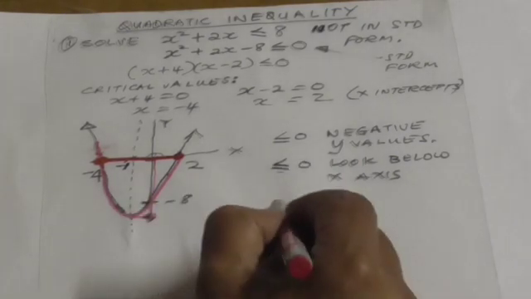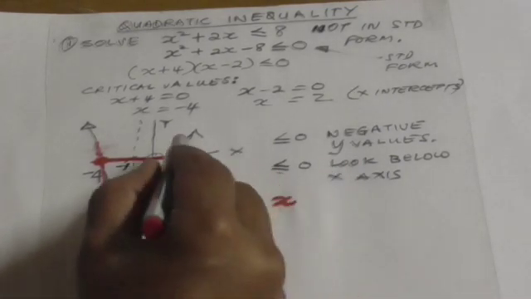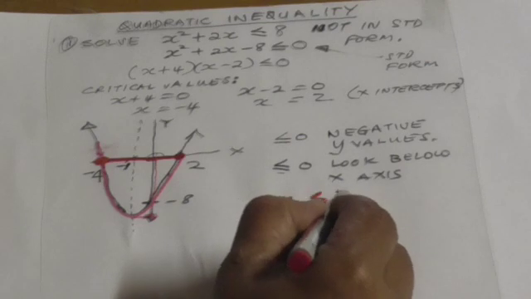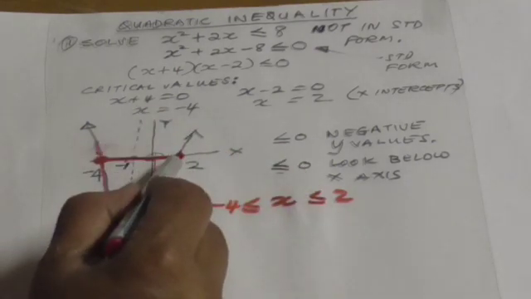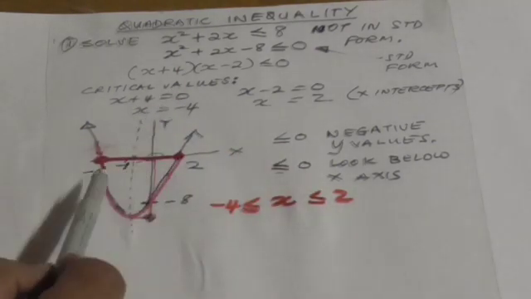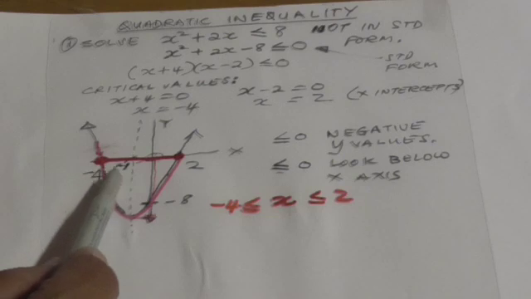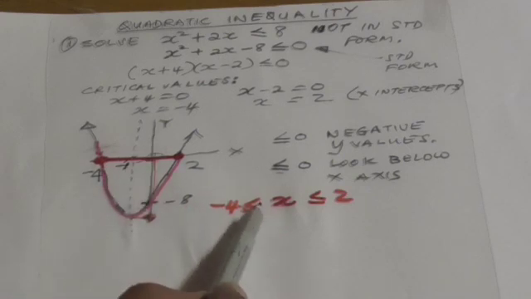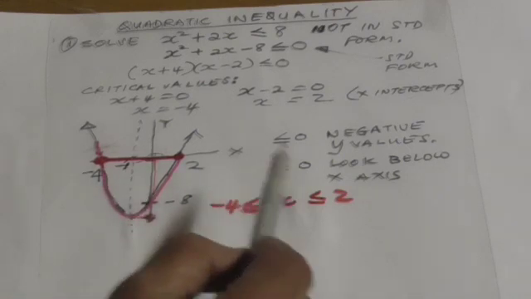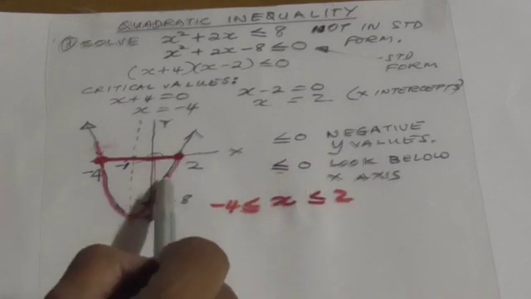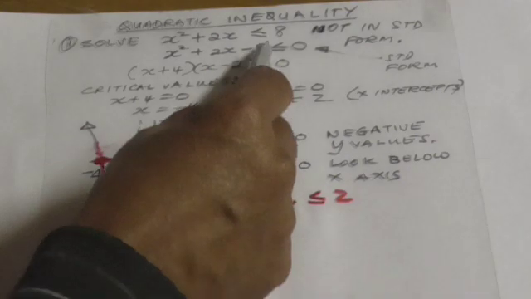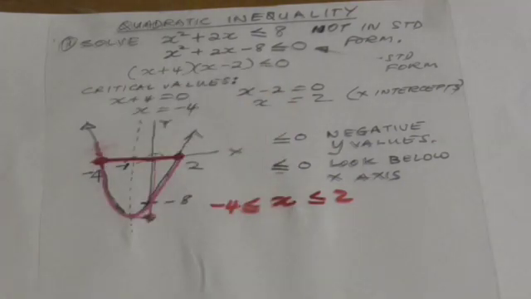You'll say x is less than or equal to 2, and x is greater than or equal to -4. x is equal to 2 and less, x is equal to -4 and greater. And it's equal to because the equal to is in the question. Now that's using the parabola.